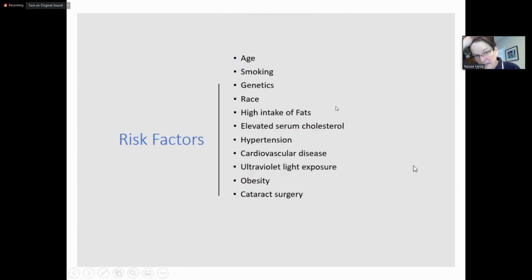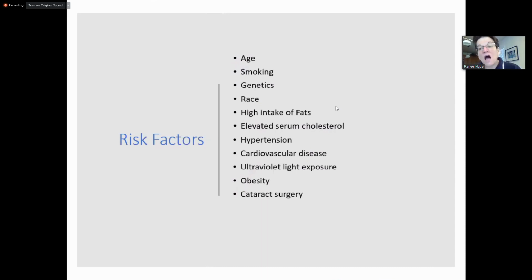As I said, age greater than age 55, smoking, it is slightly hereditary. It's more common in Caucasians. It's common in people with high intake of fats and elevated serum cholesterol. Patients with hypertension and cardiovascular disease and obesity are more likely to develop it, as well as those patients that have ultraviolet light exposure.